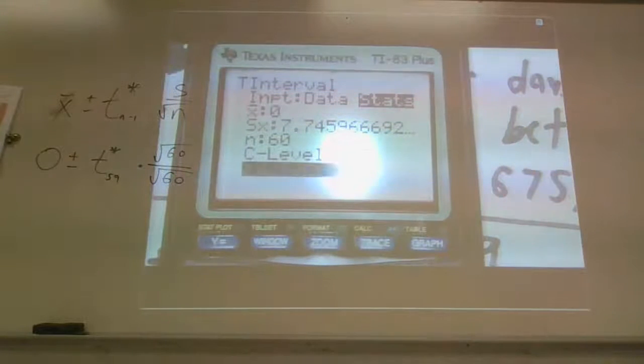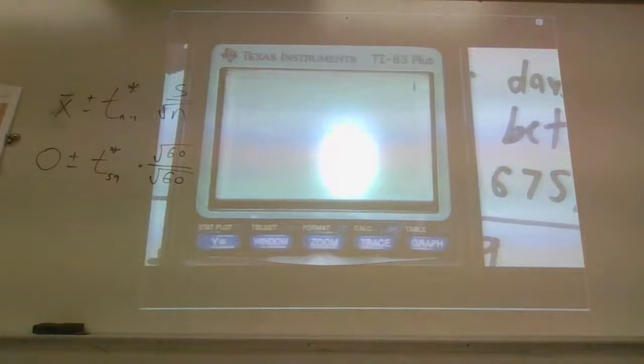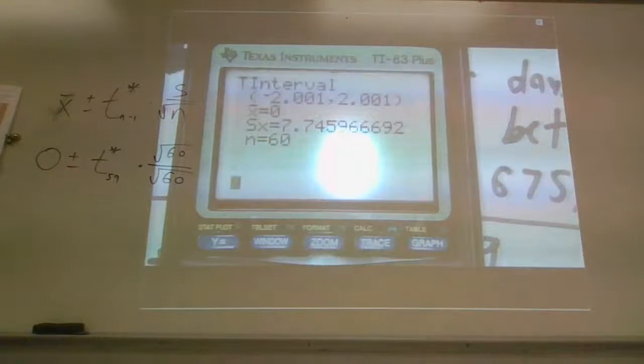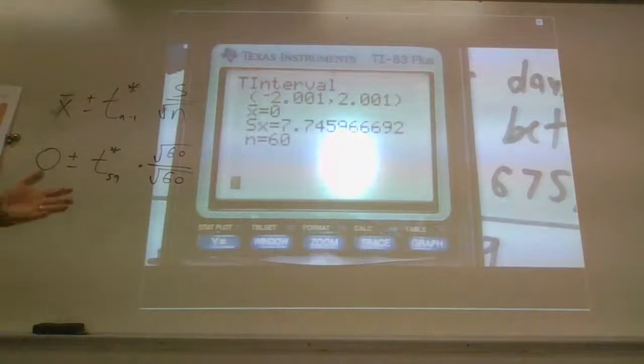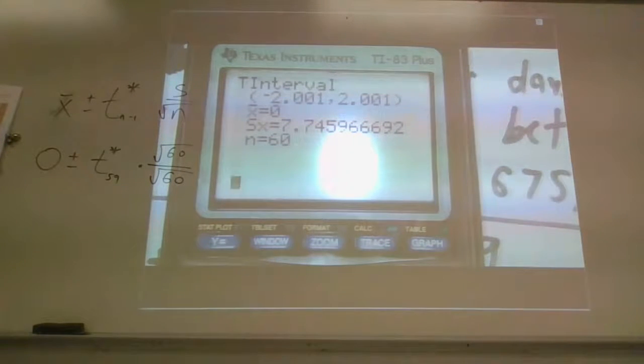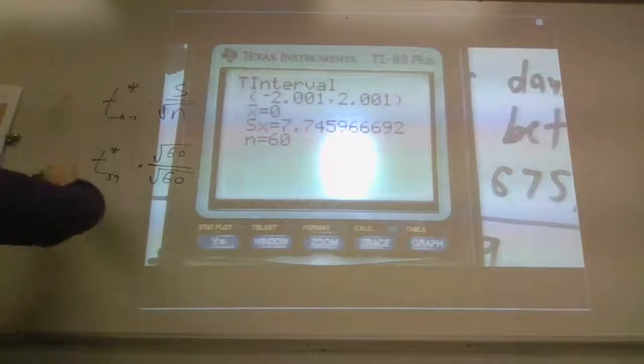Again, this is not the only day I'm going to show you this. Boom. It's a workaround to get a T star. My calculator doesn't have inverse T, but I can fool the calculator into giving me T star. It's really messed up. We'll get into those details again another time.